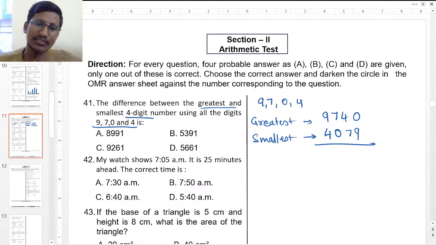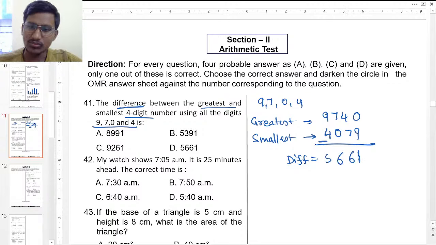They are asking the difference, so we will have to subtract. If you subtract, you get 1 here, then 13 minus 7 is 6, then 6, and then 5. So 5661. Option D is the answer for 41.